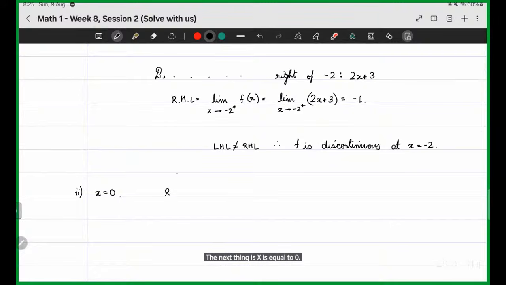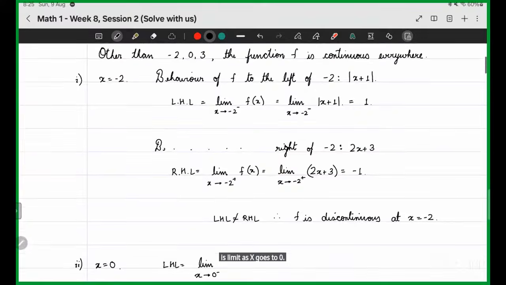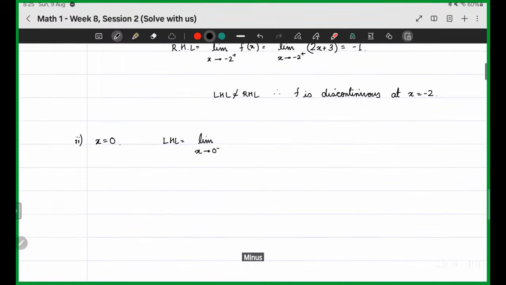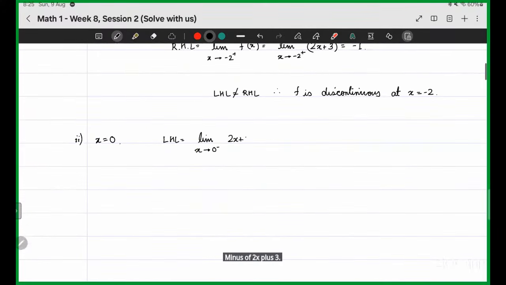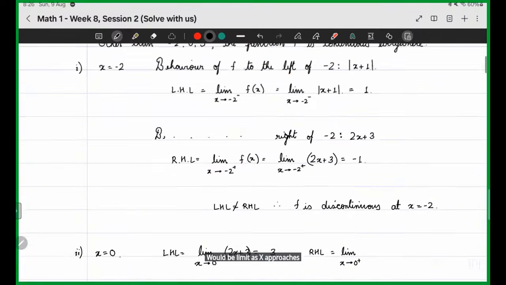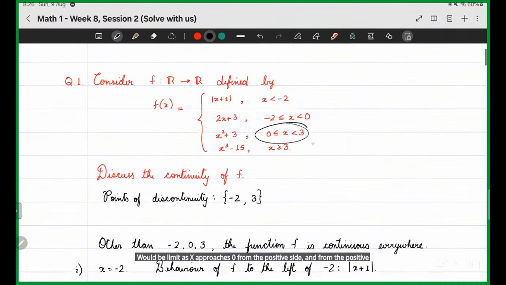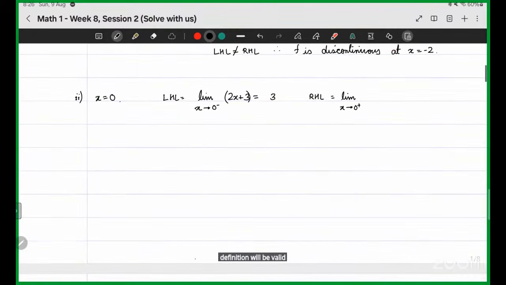In this case, LHL is limit as x goes to 0 minus of 2x plus 3, which is 3. And RHL would be limit as x approaches 0 from the positive side. And from the positive side, this definition will be valid: x squared plus 3.